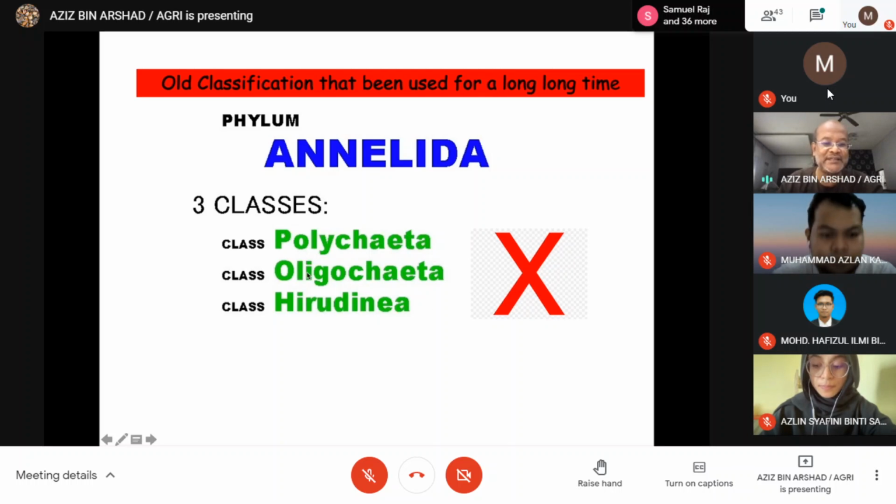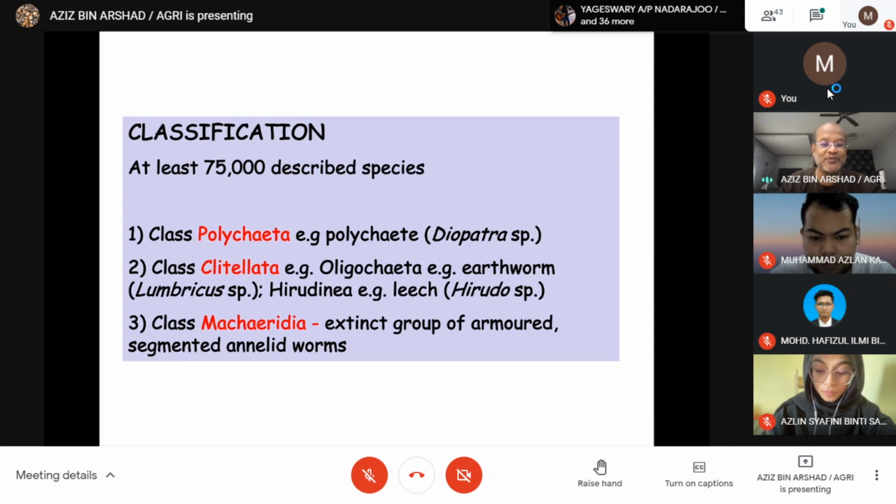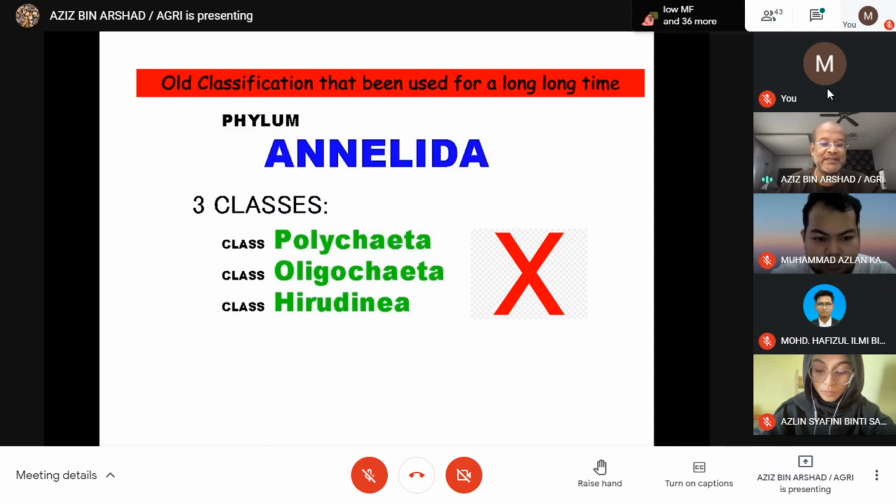They will call the class Oligochaeta the old name, and the class Hirudinea the old name as well. So it is not really good, in the sense that if you keep following the old classification, it seems that we are not aware of the new classification that has been announced to be used by zoologists.